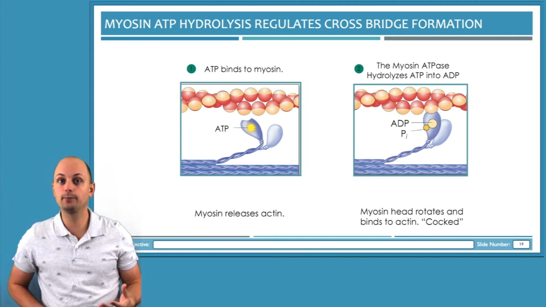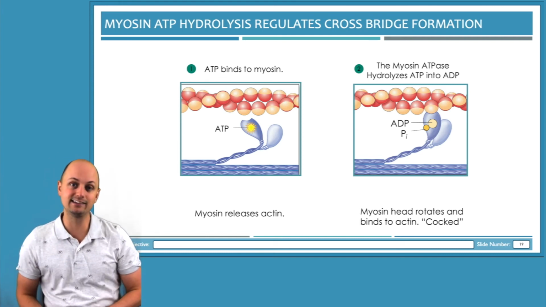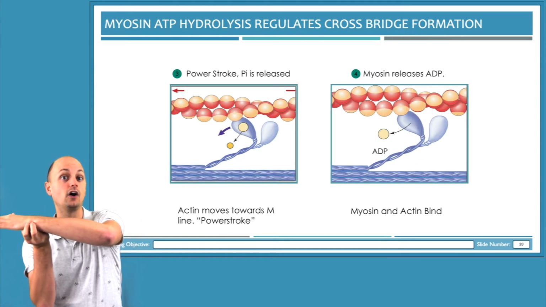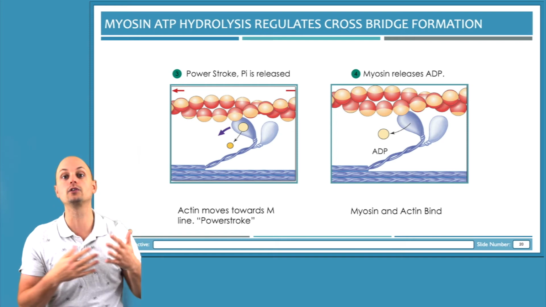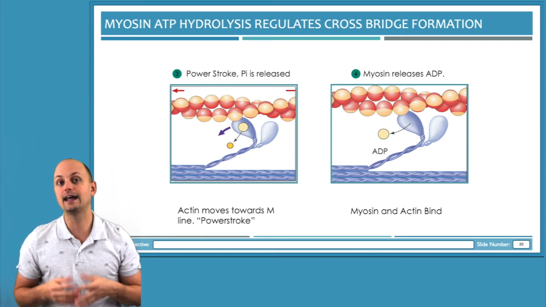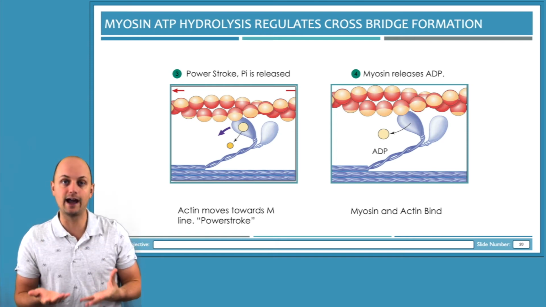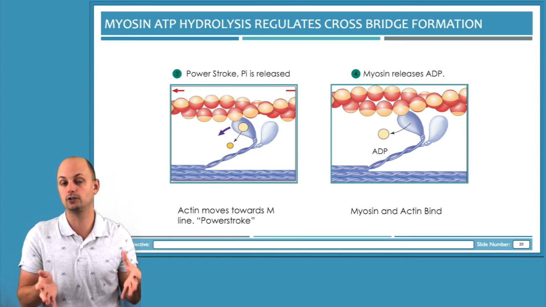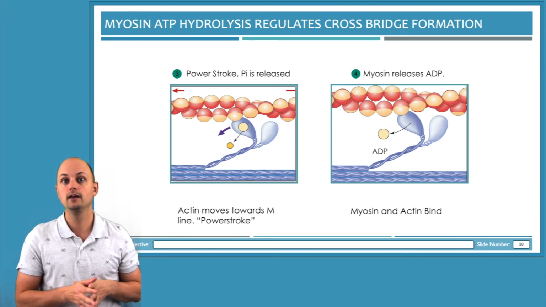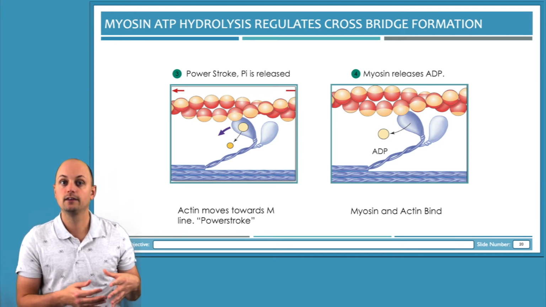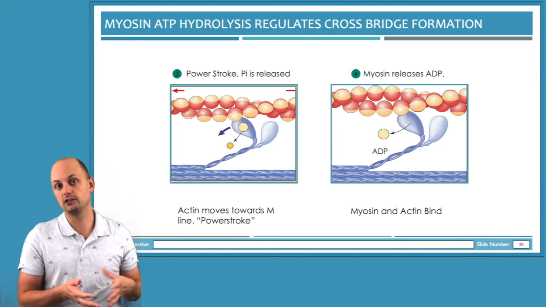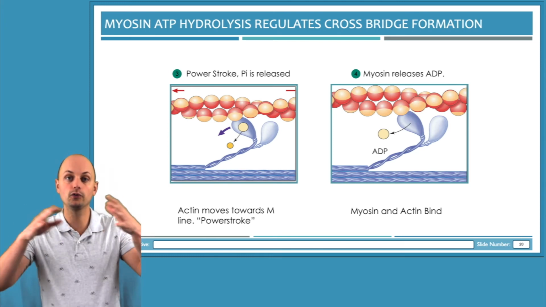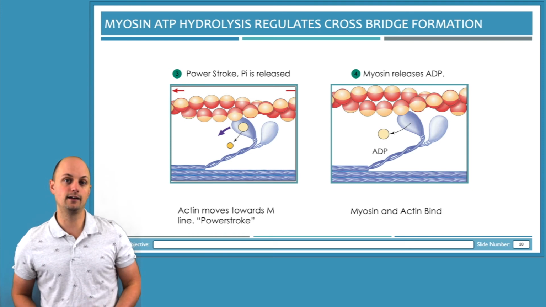In the next step, the phosphate gets released and that allows the myosin head to stay bound, but to untwist and to move into a low energy state. And as it does that, it pulls the actin one position closer to the center of the sarcomere, or one position closer to the M line. In the low energy state, the ADP gets easily replaced by ATP. That allows the cross bridges to break, and this whole cycle can repeat a second time.